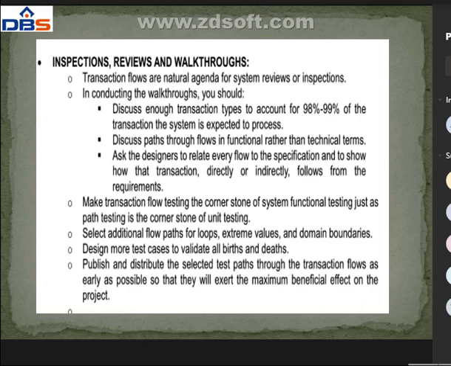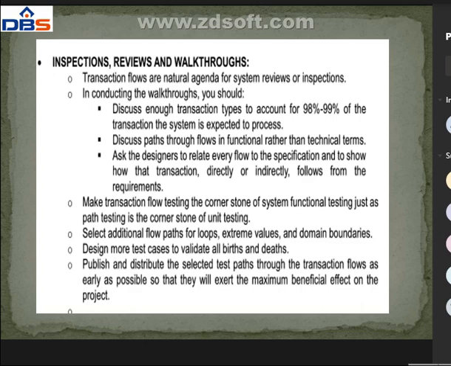From that we can also make the transaction flow testing, which has some extreme values and domain boundaries. From those boundaries we can design more test cases to validate all the births and deaths, and publish and distribute the selected test paths through the transaction flows as early as possible, so that we can exert the maximum beneficial effect on that project.